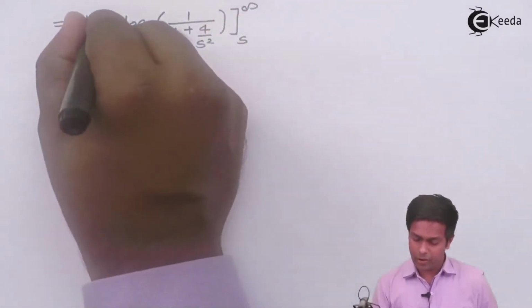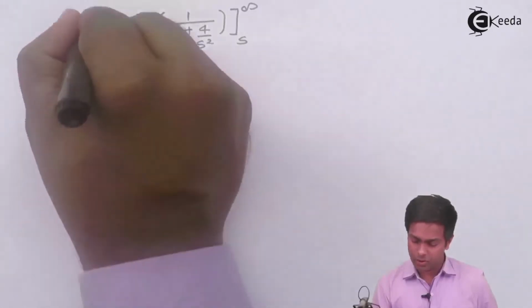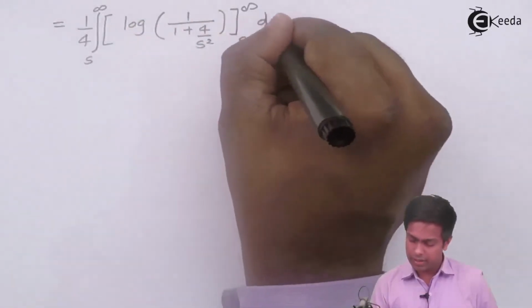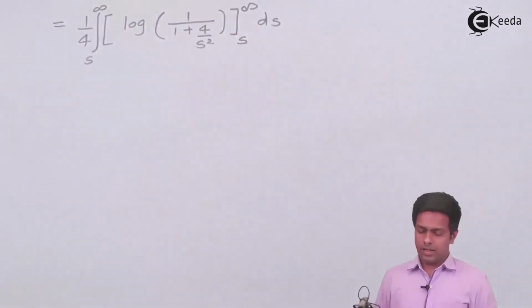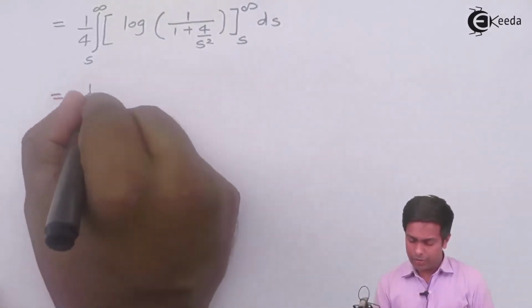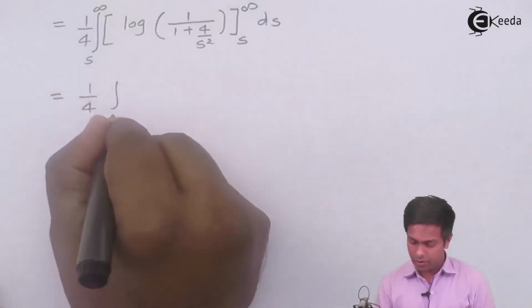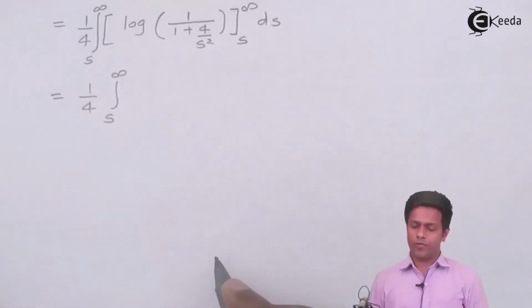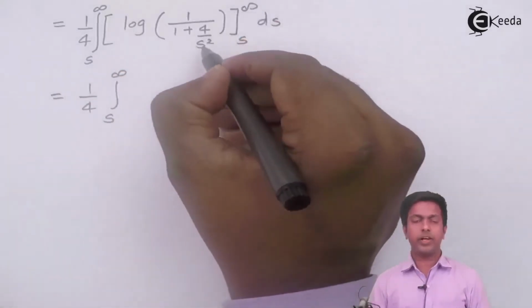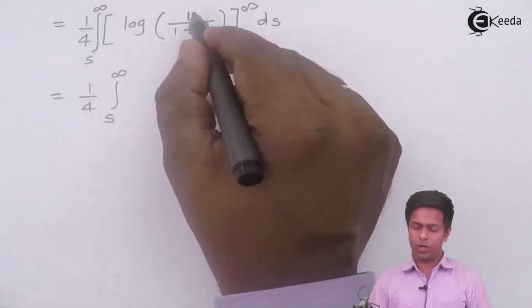And don't forget that we have one more integration over here, that is s to infinity, and here ds. Now guys, here we will get 1 by 4 integration from s to infinity. Now if I put infinity over here, 4 by infinity is 0. So 1 plus 0, 1. 1 upon 1 is 1.